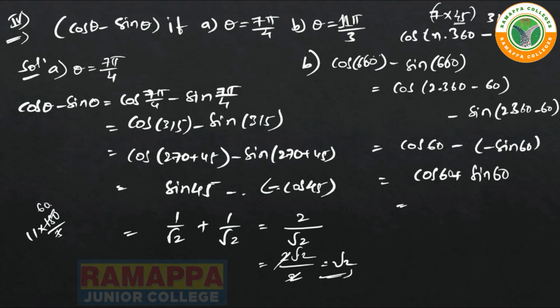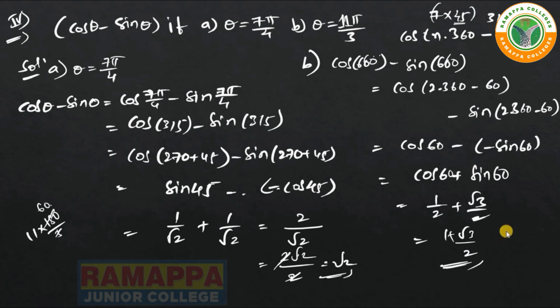Cos 60 is 1 by 2, plus sin 60 root 3 by 2. The LCM is 2, so it becomes 1 plus root 3 by 2. This is the answer here. Please practice, then only you will get the solutions.